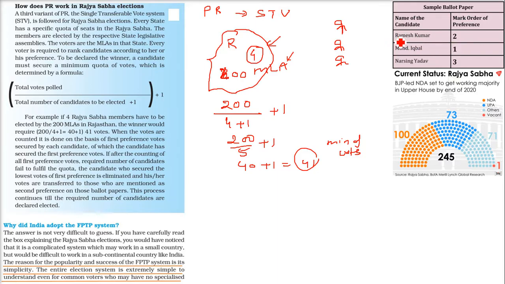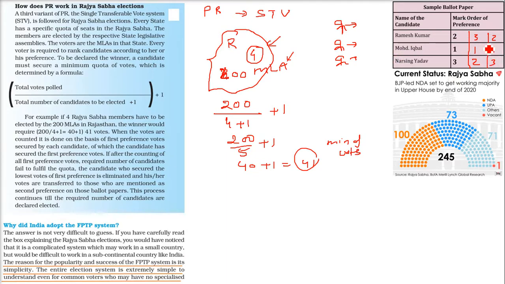So, say there are 3 candidates: Ramesh Kumar, Mohammad Iqbal, Narsingh Yadav. I have given preference like 2, 1, 3. Now you have given preference like 3, 1 and 2. And the third MLA has given the preference like, say, 2, 1 and 3. So what will happen here?